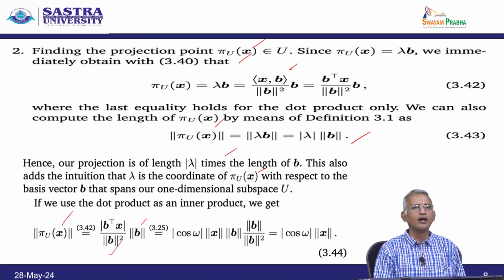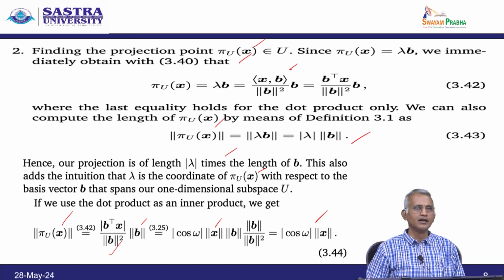Now, according to equation 3.25, we can write this expression as the modulus of cos omega times norm x times norm b, divided by norm b squared. Therefore, the norm b squared gets cancelled, leaving cos omega times norm x. So that is the result if you use the dot product.